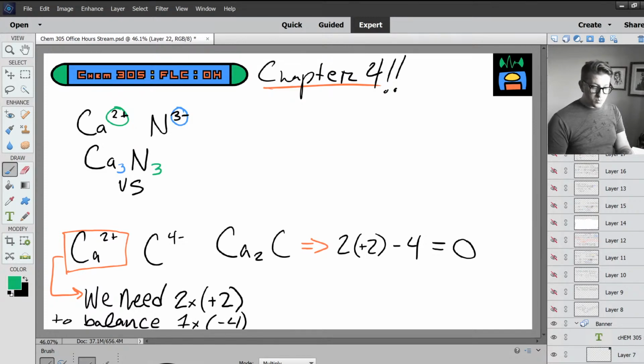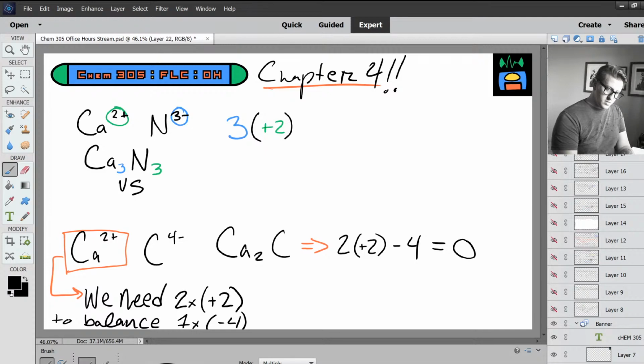The reason this works is you have 3 times your charge on calcium, which is +2, plus, oops, sorry, I wrote a 3 by nitrogen, it should have been a 2, plus you have 2 times your charge on nitrogen, which is -3.